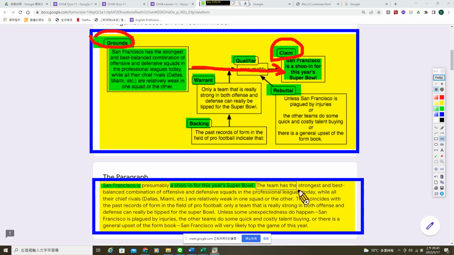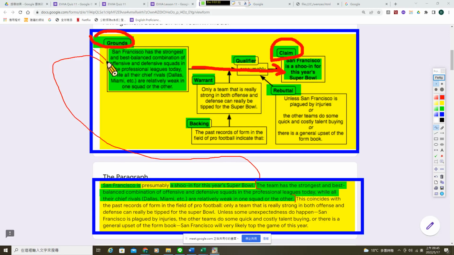The team has the strongest and the best balanced combination of offensive and defensive squads in the professional leagues today, while all their chief rivals, Dallas, Miami, etc., are relatively weak in one squad or the other. So did you see the relationship between this one and this one? So this is grounds. So we have a claim and follow with grounds.